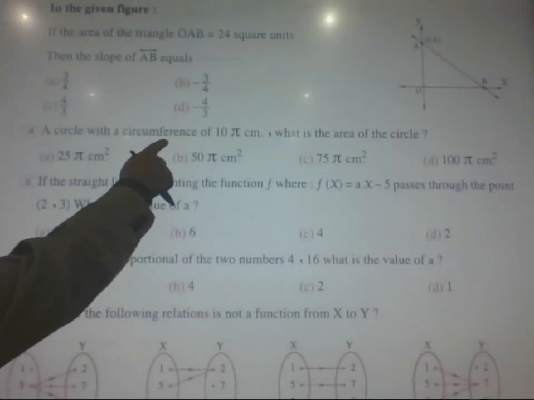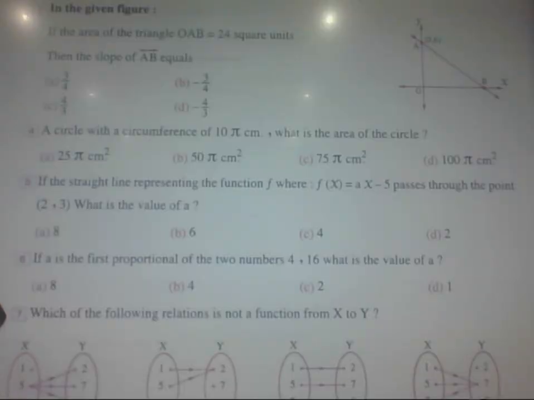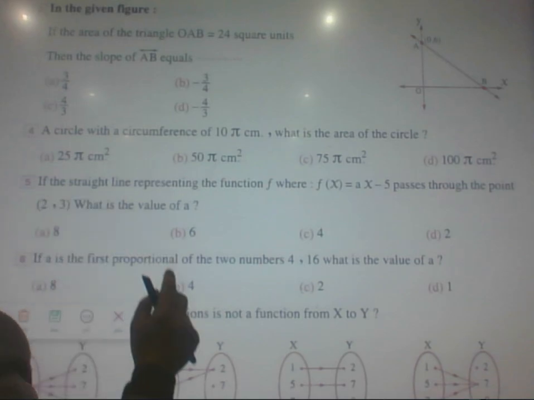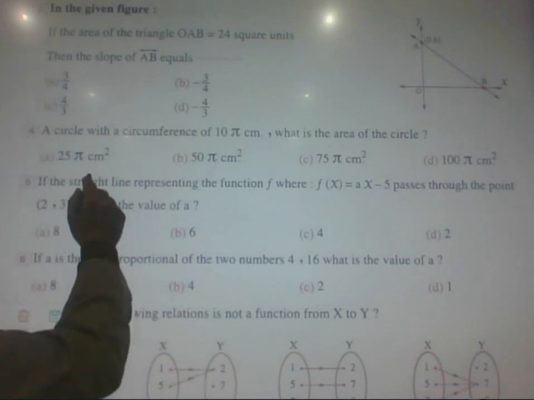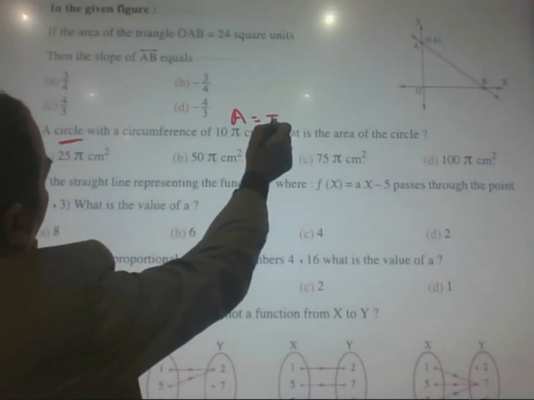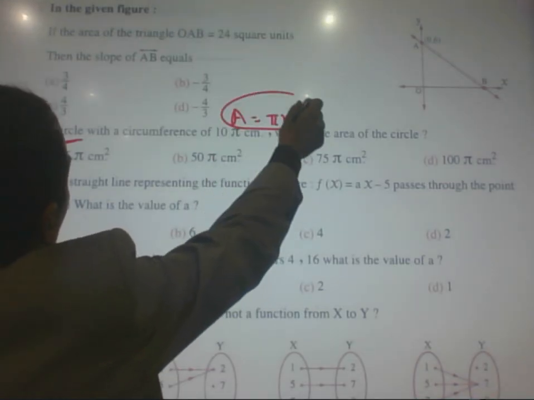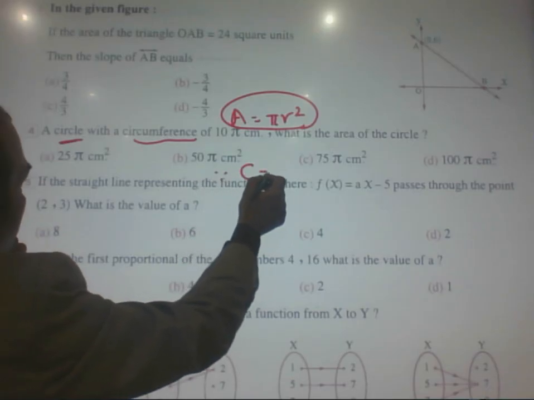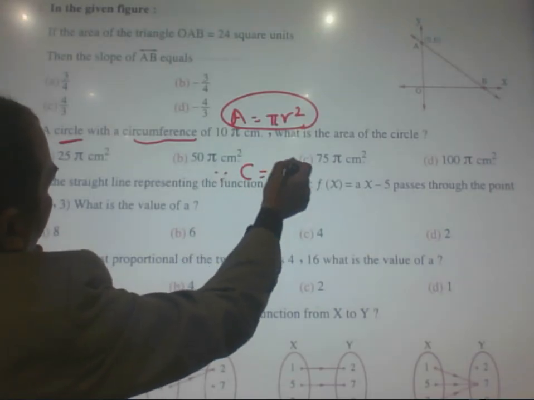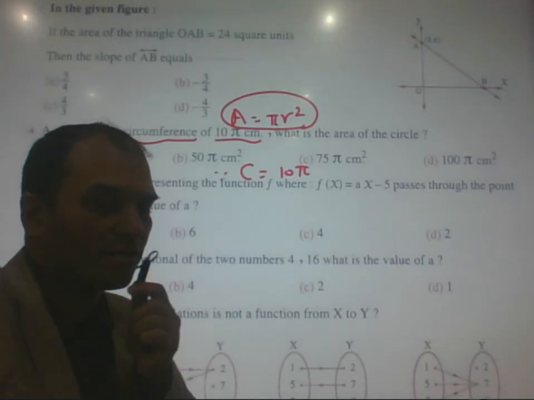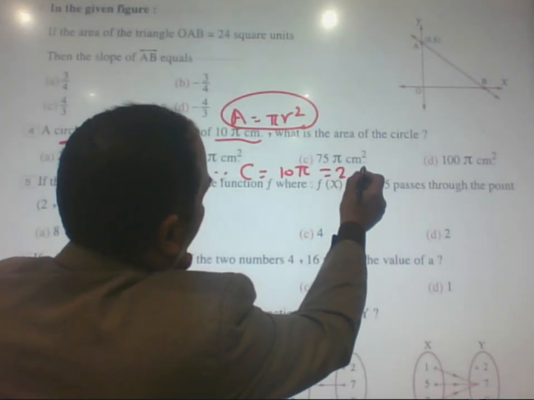A circle with circumference 10 pi. What is the area of the circle? We can find the area of the circle by writing the rule. For a triangle, half times base. But here we have a circle, then area equals pi r squared. He gives me the circumference was 10 pi. You know the circumference of a circle equals 2 pi r.